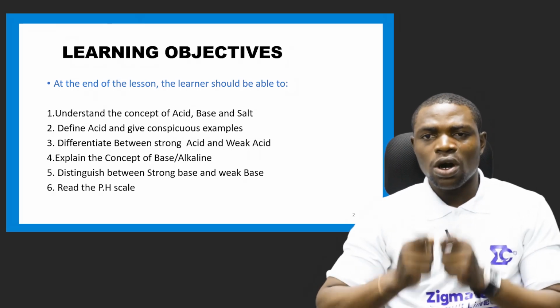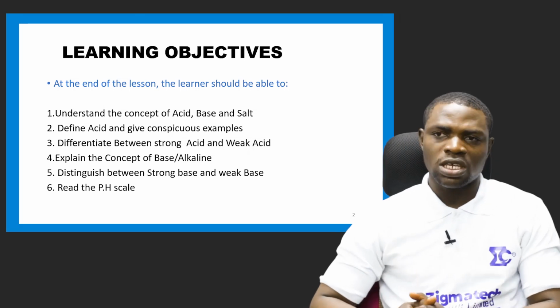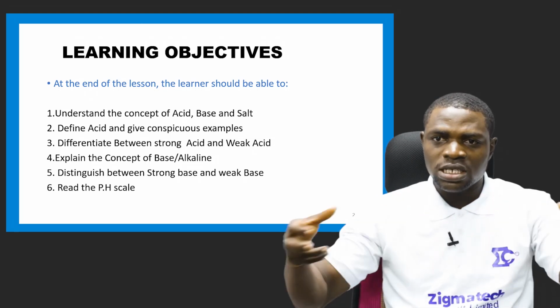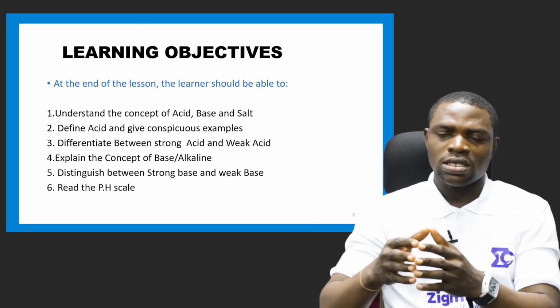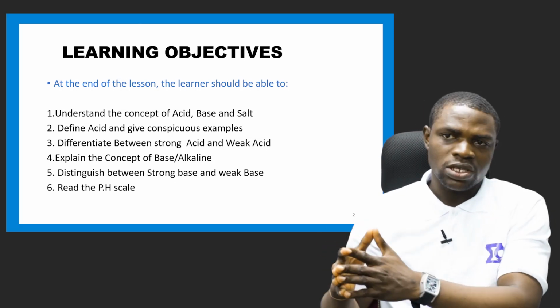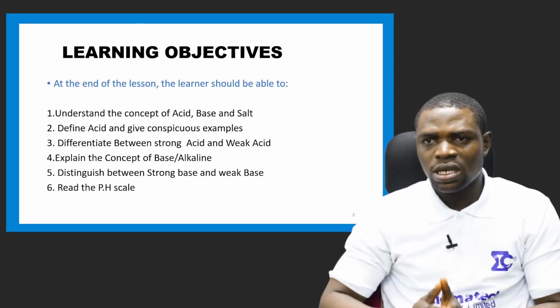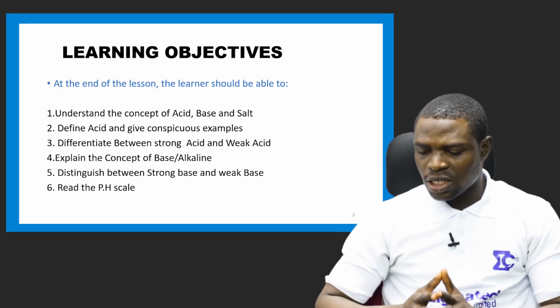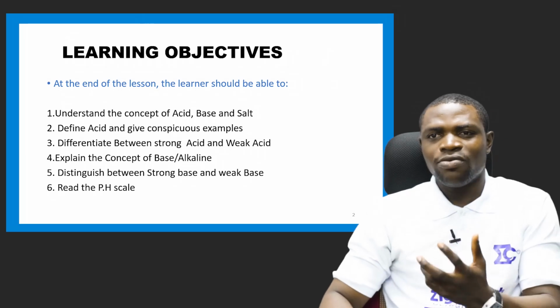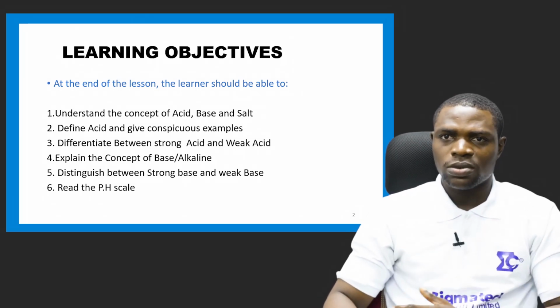And you should also be able to read the pH scale. There's a pH scale which I'm going to show you, to read whether a chemical or substance is an acid or a base, or is acidic or has a basic property. This is when you need to learn and have a proper understanding of the concept.